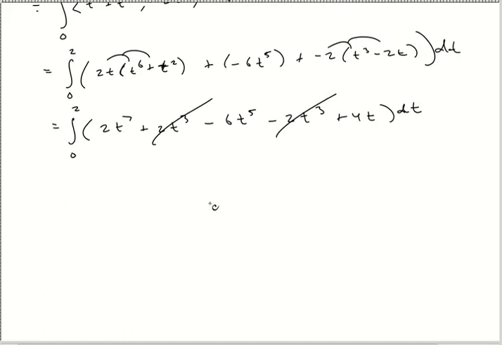And so we're left with this big old integral here. It's obviously polynomial, so you could just use a calculator if you want, but might as well do it right quick. So we got 2t to the 8th over 8 minus 6t to the 6 over 6, and then plus 4t squared all over 2 from 0 to 2.